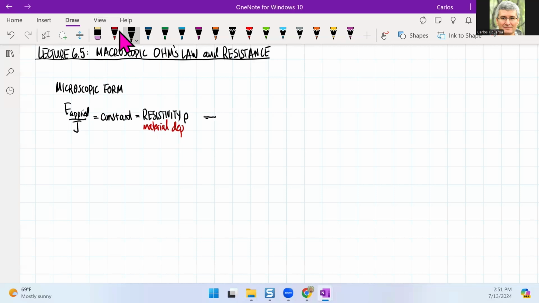But now we're going to the macroscopic form. And this is what it says. If there's an applied voltage over the current, this is also a constant. But this constant is defined as resistance.